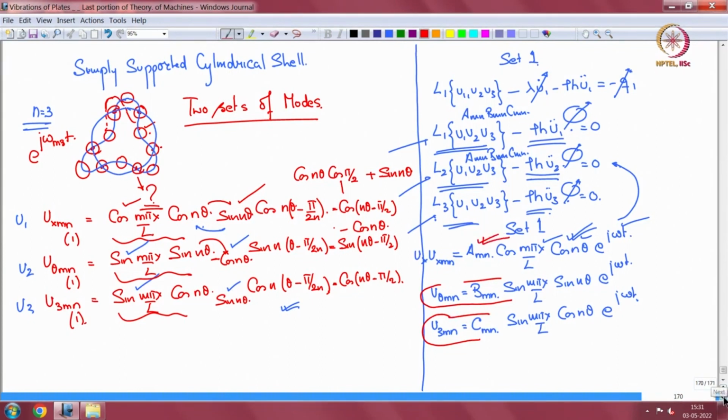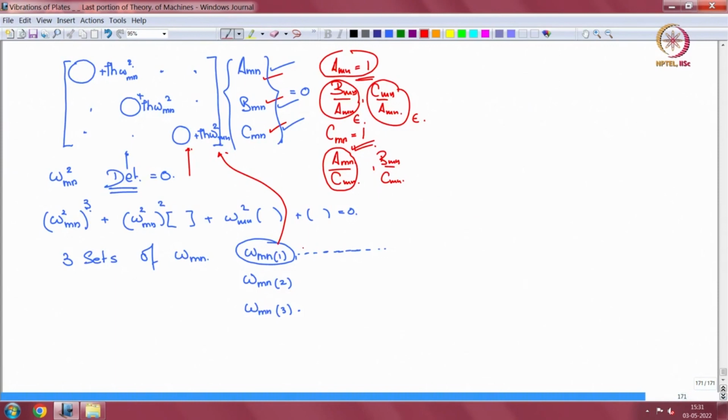That means the first set of natural frequencies describe dominantly axial motion, axial modes and resonances.